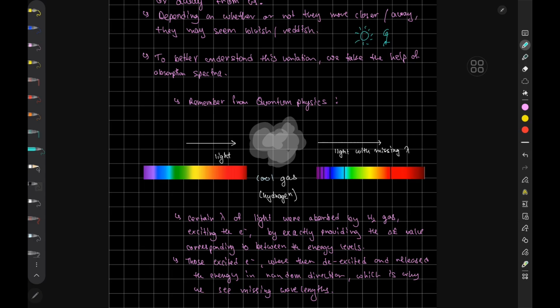And the light comes in, and the electrons in each of the atoms would get excited to the next shell, or some, if there's enough energy, may even leave. Point is, excitation takes place. So some of the wavelengths will now be absorbed. That is to say that the electrons will gain energy.